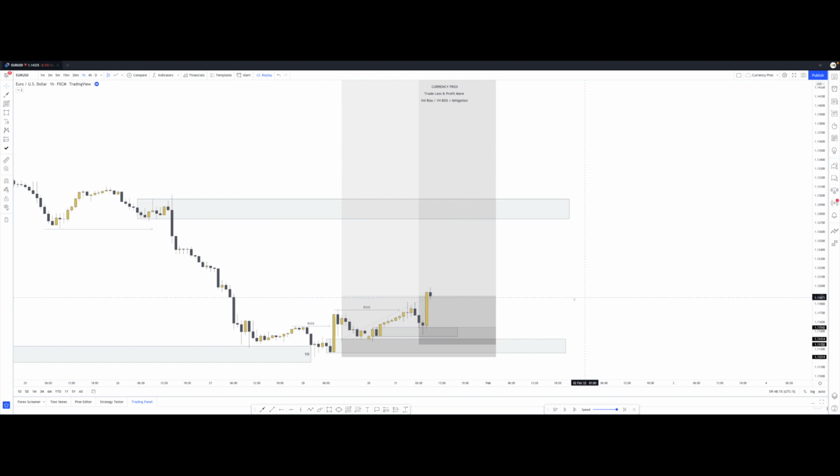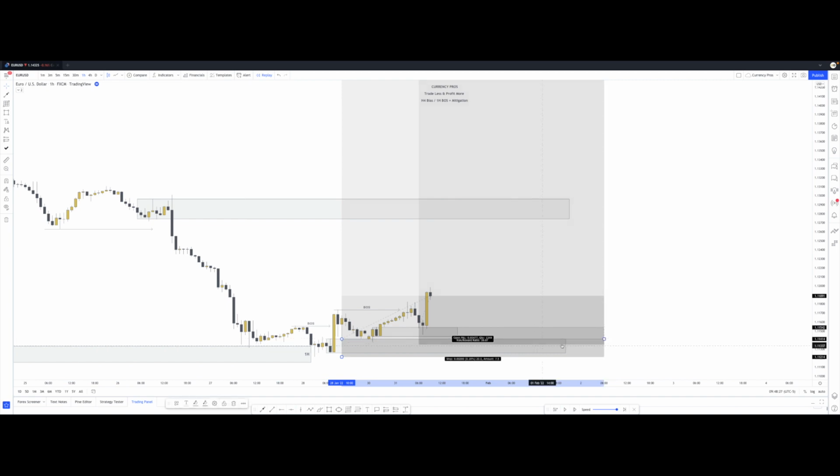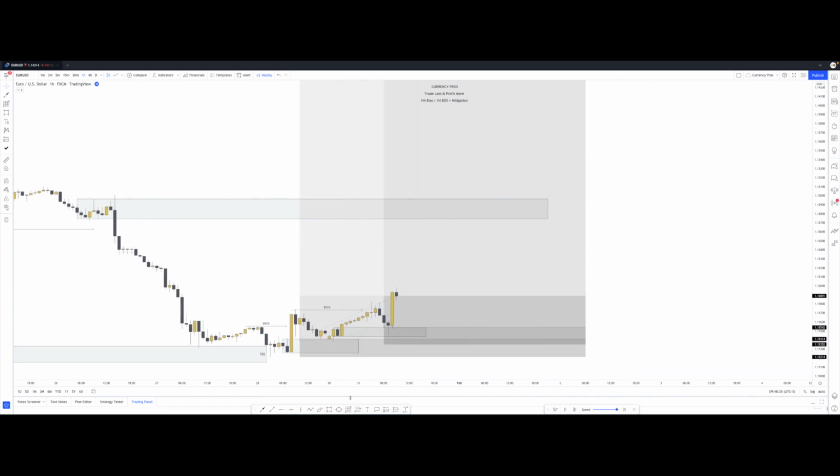Okay, so we have another break of structure. Let me start to drag these out a little bit, because we're going to need more room. Okay, so as you can see, there was our high here, right, which was the new high that broke this structure, and now it's happened once more.